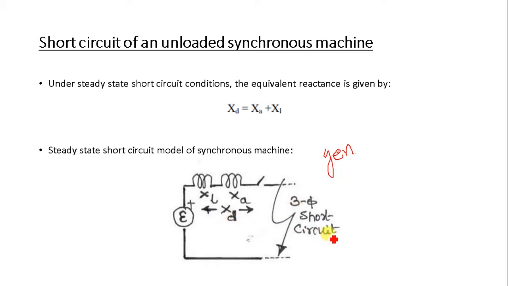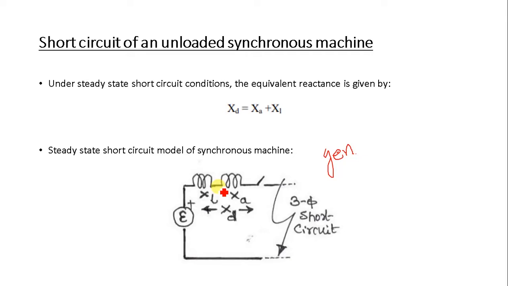In terms of a circuit, this effect is modeled as a reactance in series with your induced EMF. This reactance, when combined with the leakage reactance XL of the machine, is generally called the synchronous reactance Xd, which we have discussed in our previous chapter on the synchronous machine.